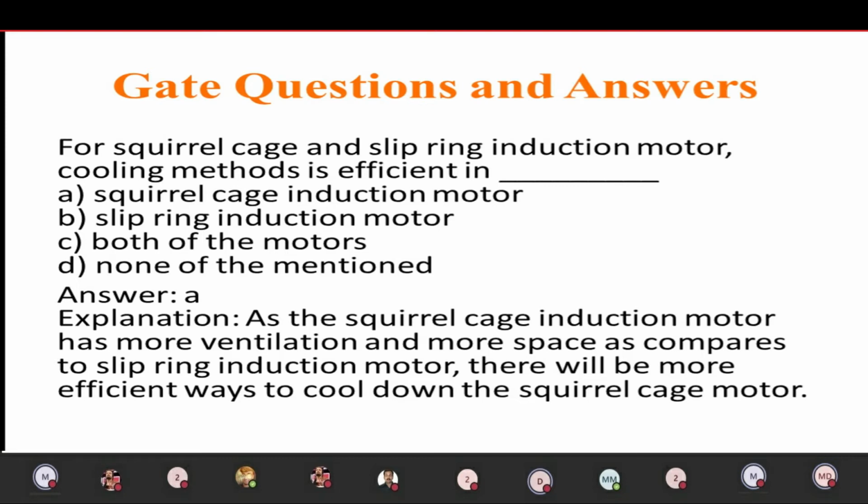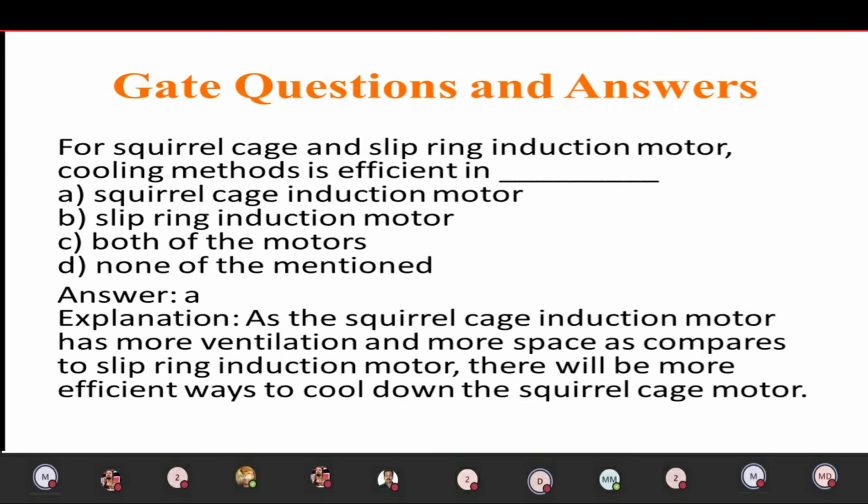We can provide cooling and ventilating ducts easily in the squirrel cage machine. But in the case of slip ring, we need to provide electrical winding same as the stator. So we have a three-phase electrical winding same as the stator in the rotor, and all the end connections are connected with slip rings.